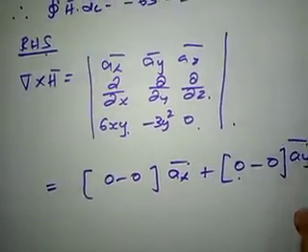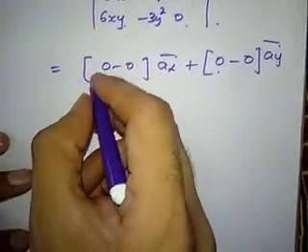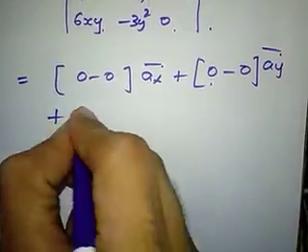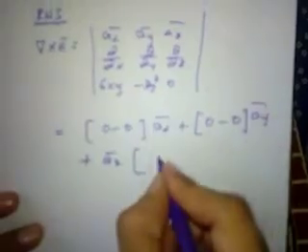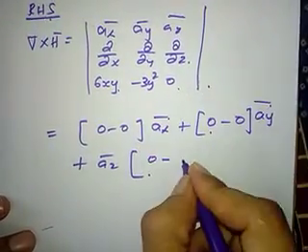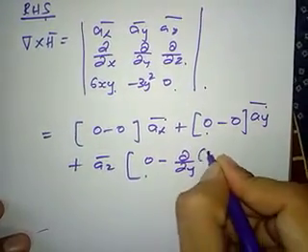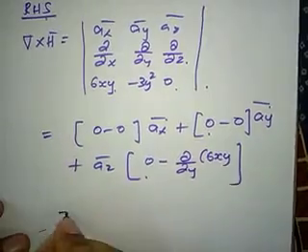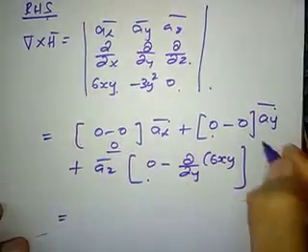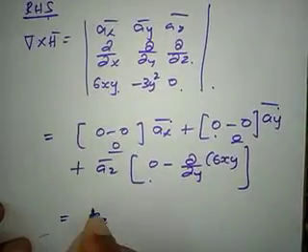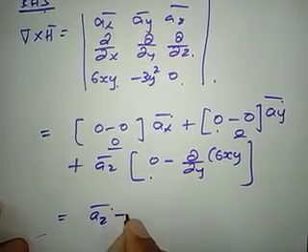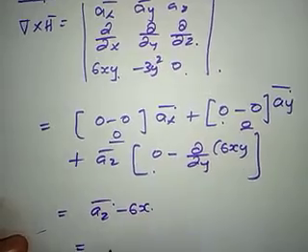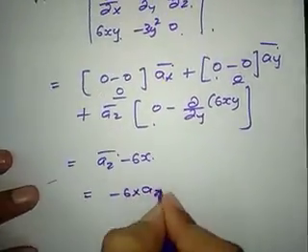Then az bar component, this and this goes, so it is dou by dou x of 3y square, it is 0, minus dou by dou y of 6xy. So this comes out to, this term is 0, this term is 0. So you get az bar times minus dou by dou y of 6xy, so this will be equal to minus 6x az bar.